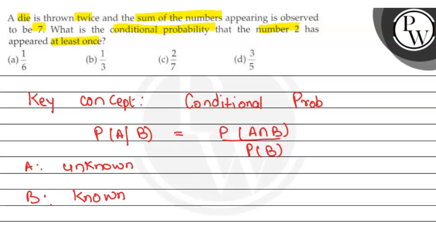So for the given question, A is the event that number 2 has appeared at least once. So at least once 2 occurs or appears.